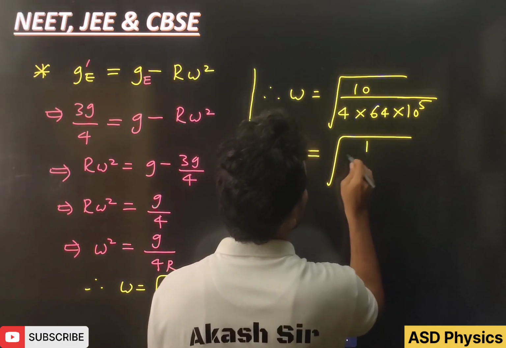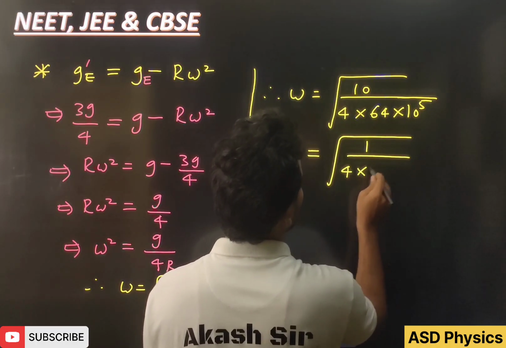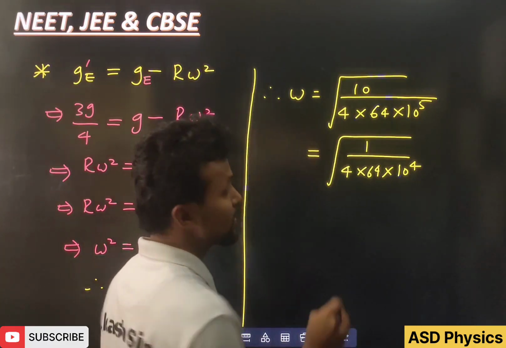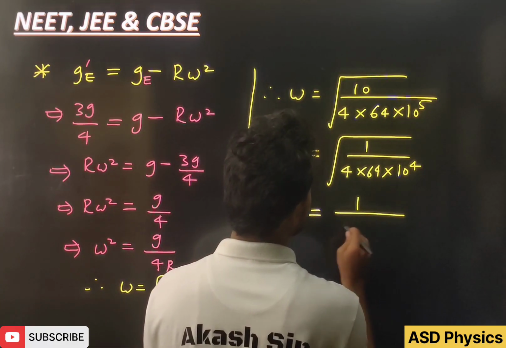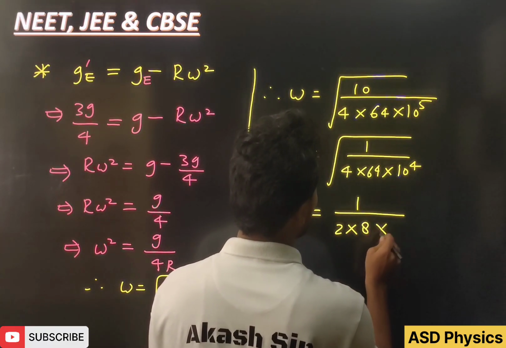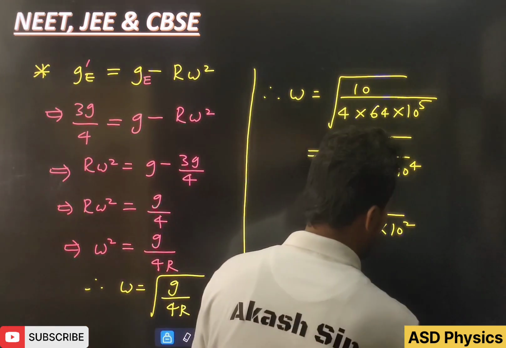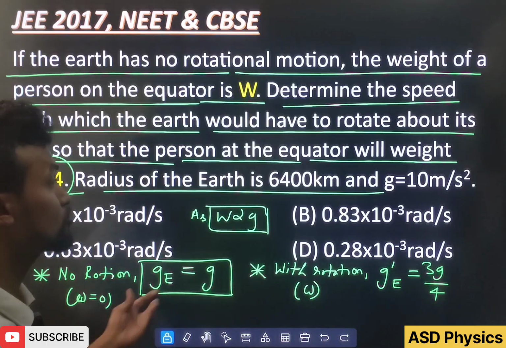So here this will become 1 by 4 into 64 into 10 to the power 4. Now when you simplify this, it will come 1 by 2 into 8 into 10 to the power 2. But let's see how the answer is coming. The answer is coming in 10 to the power minus 3.